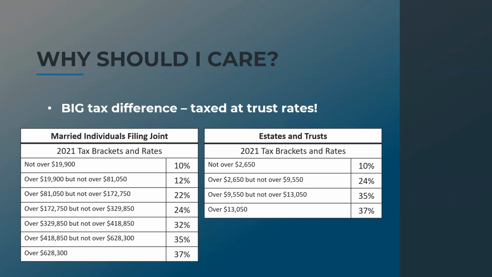All you have to do is get over $13,050, and you're sitting at the top trust rate. This is legislation that was passed years ago to really curb people from using trusts to shift income, so they truncated those rates down. So you can see it doesn't take much, and you're paying a max tax rate on that. And that could be a problem, something to be aware of.